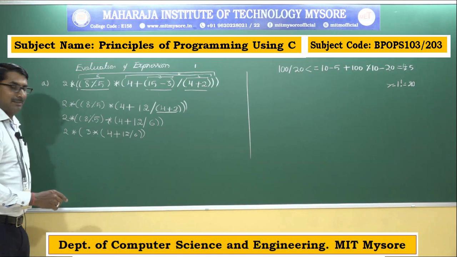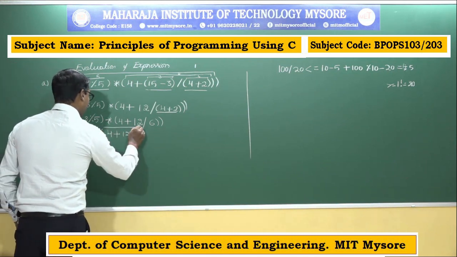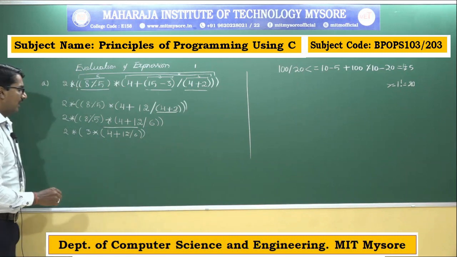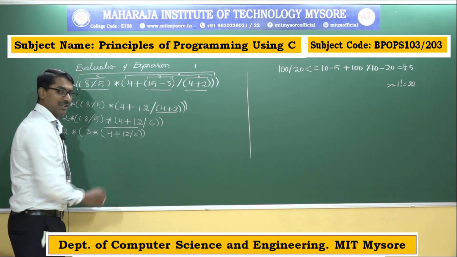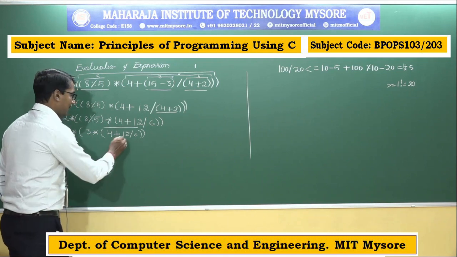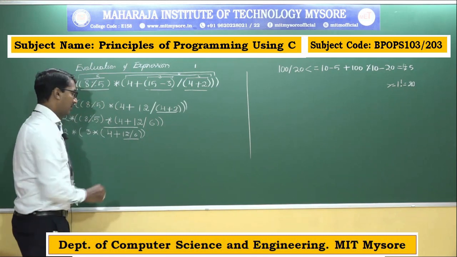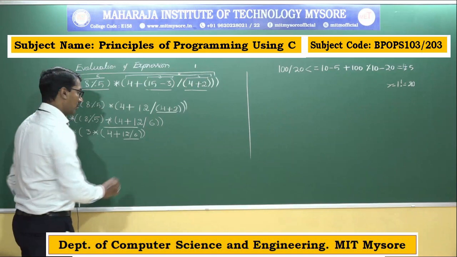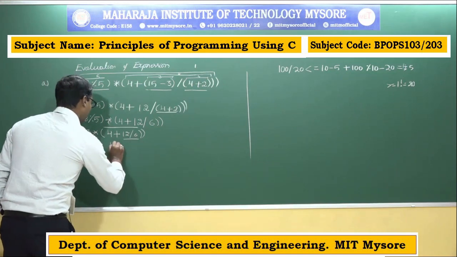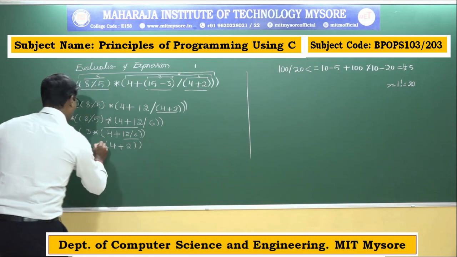Okay. In the next expression, the next innermost expression is 4 plus 12 by 6. Here there are plus and division operations, and the highest precedence is for the division operation. So 12 divided by 6 is 2, then 4 plus 2.